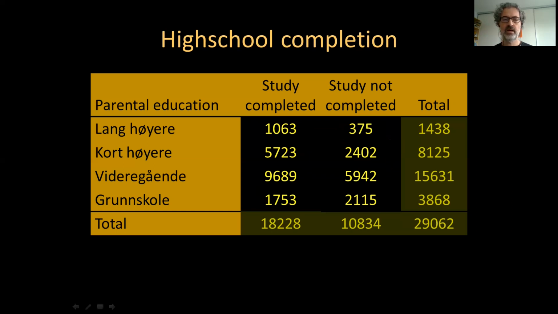We can use our trick with the marginal totals to compute the expected values. So if you multiply this number by this number and divide by this number, you come up with the expected value for this cell, and so on.